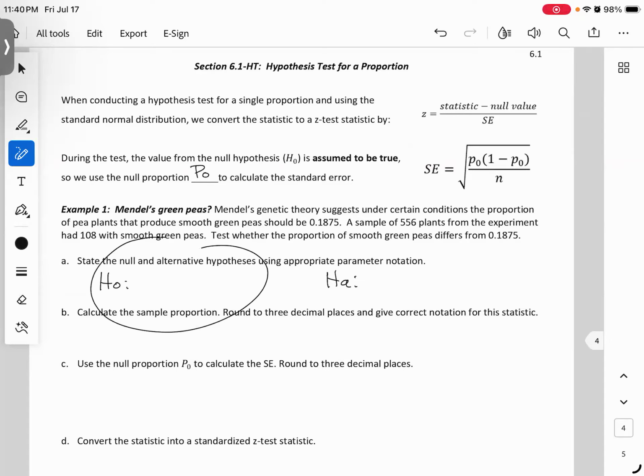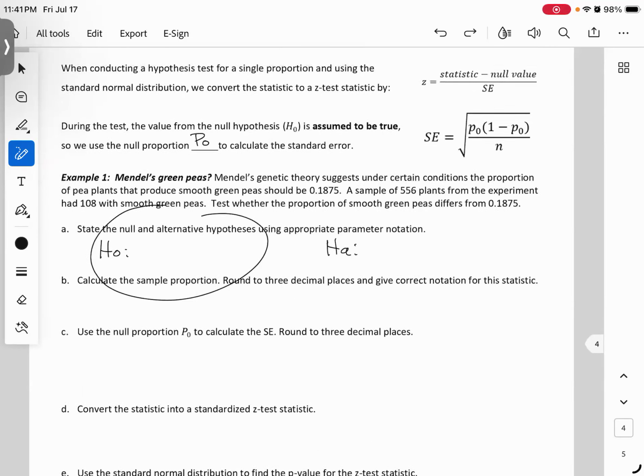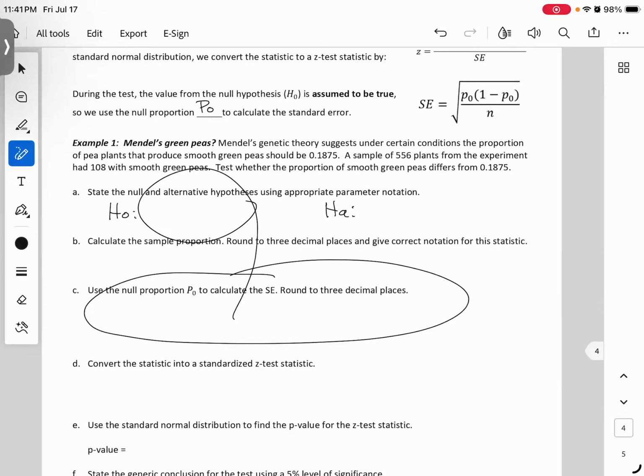This one is assumed to be true in hopes that when we get down here, we can reject it. So whenever we calculate the standard error, when you plug in the proportion, you're going to use the proportion from the null, because it's the one that's assumed to be true as we go through this scenario.